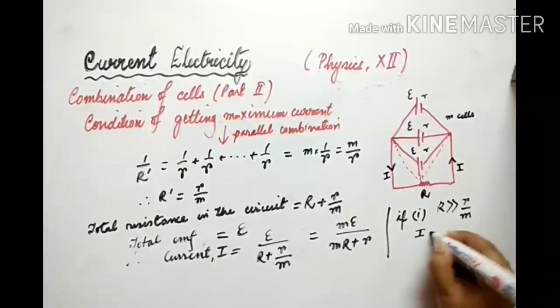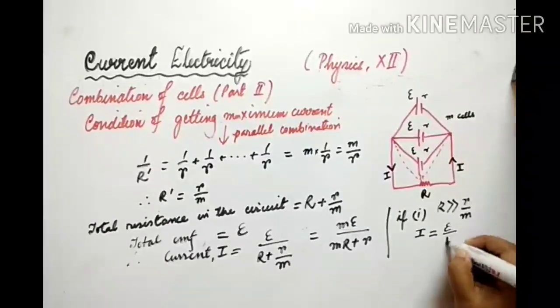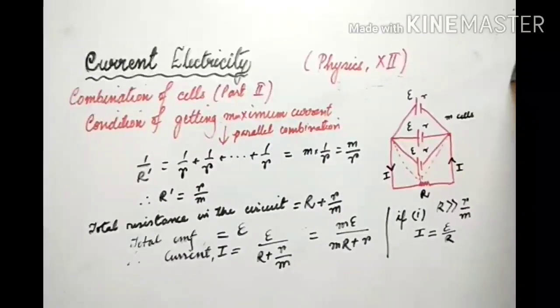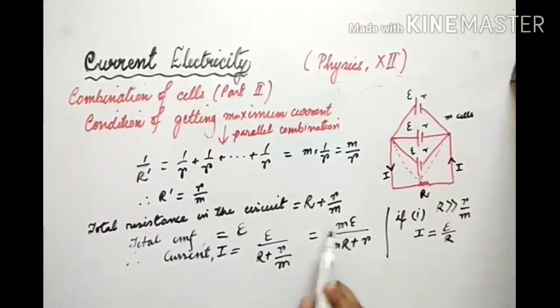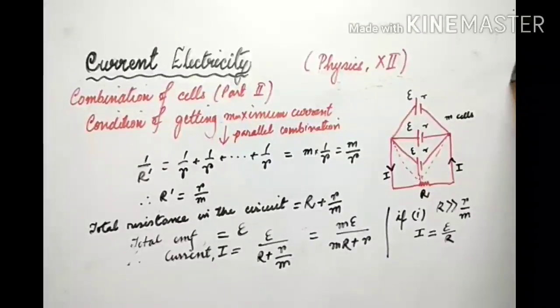Then R is much greater than r by M, so we can neglect that. See the first expression, E by R plus r by M. Here this is less, so we neglect this, so we get E by R.